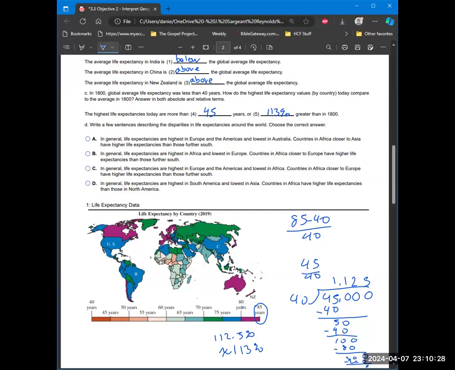But right now, the only thing we can say from this map is that we see here's a group of countries right here that has high life expectancies right there in the blues and purples. And then we see a large group of blues and purples here, but especially in North America, but both North and South America, the Americas, and in Europe here.